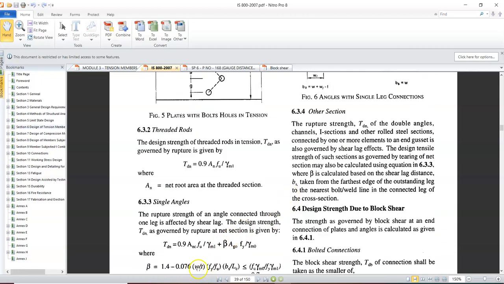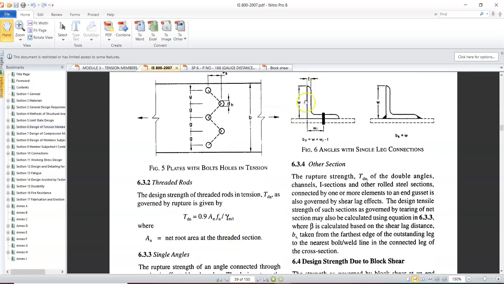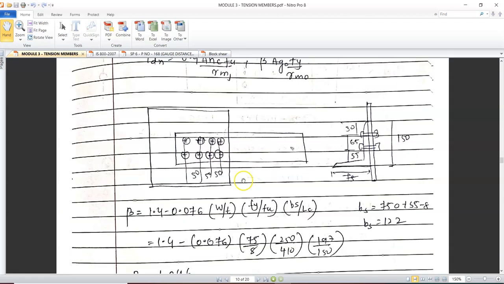As per the formula, w is nothing but the outstanding leg. In our case, it is 75 mm and the thickness is 8 mm. We can come back to the formula and check: we have substituted the same value, that is 75, the outstanding leg, and 8 mm thickness.